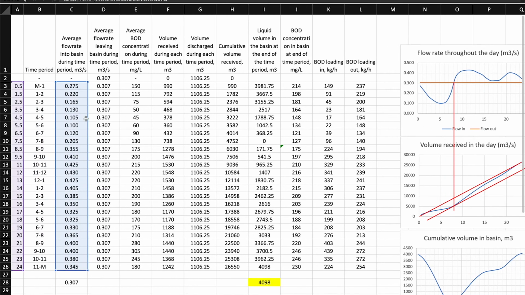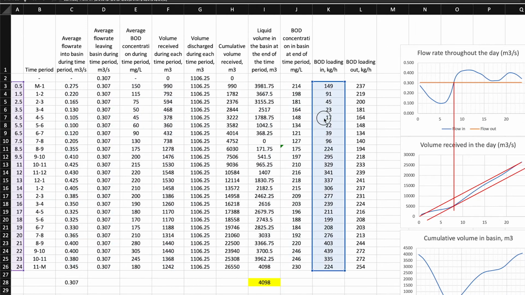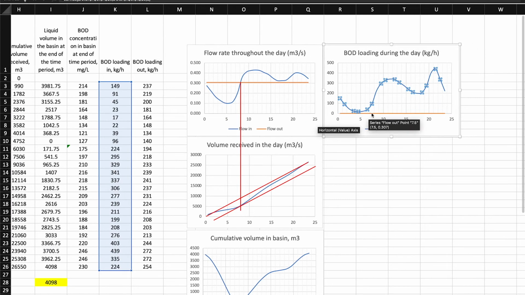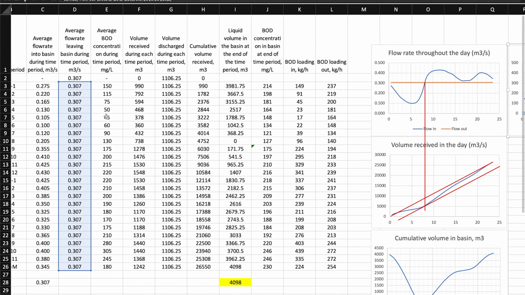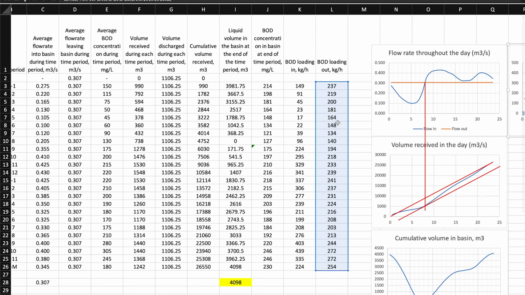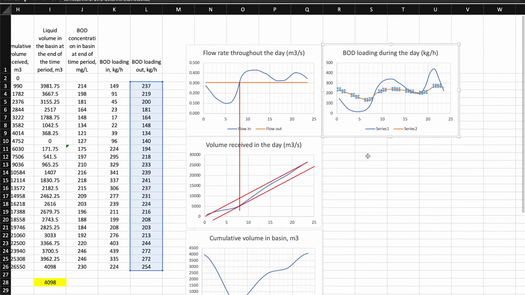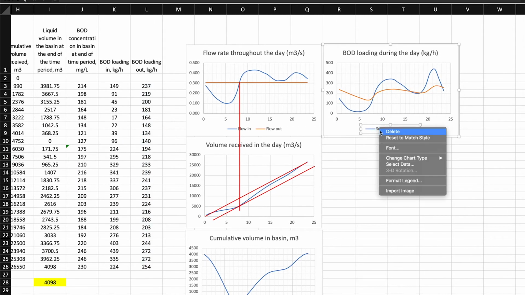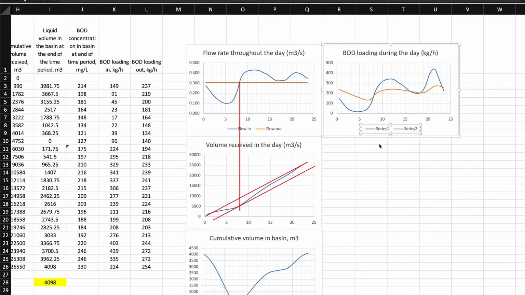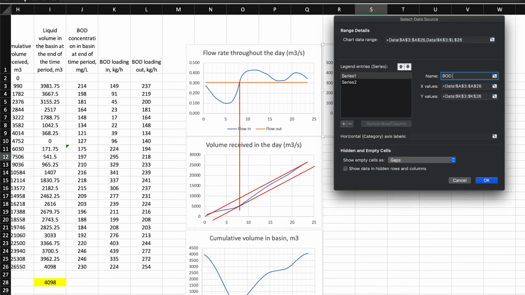Instead of the flow rates, just move that over to the loadings. Same thing with the effluent. Move that over to the loadings out. And we'd want to update the label here in our legend. BOD in, BOD out, for example.